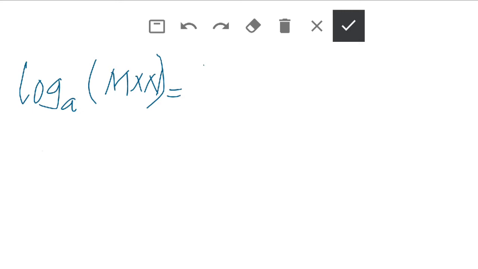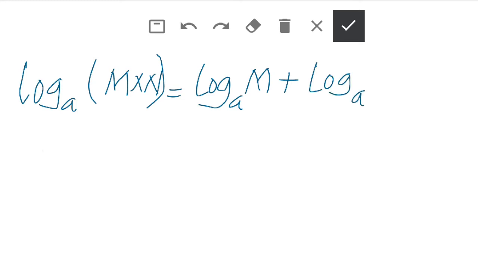So in this case, we shall have log to base a of m. Because we are multiplying on the left hand side, on the right hand side, when we open the brackets, we shall add, and we shall have plus log to base a of n. They are both under one base.